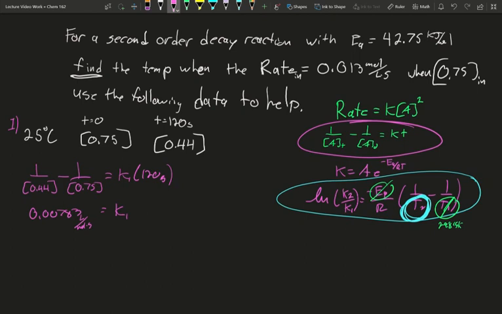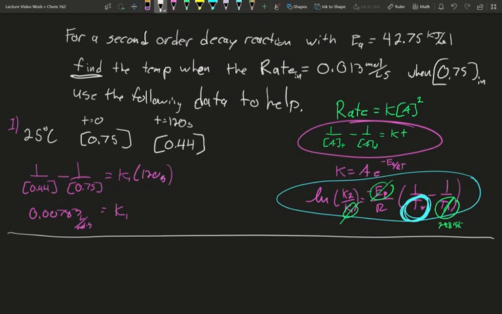So we can get K1. And so we can go back and say, hey, I got K1. Now I need K2. Well, K2 we said we could find from the rate info. We know the rate at the temp we're looking for. That was given to us in the problem.